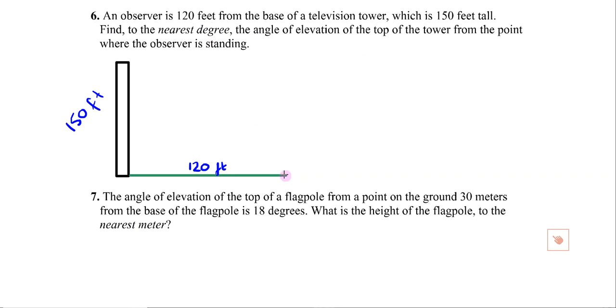That means I'm here, I'm looking at the bottom, I have to look up to the top, so the angle of elevation is how far I need to look up. So that's the angle I'm doing. And then we're using the inverse, so we've got the tan of theta is 150 over 120.